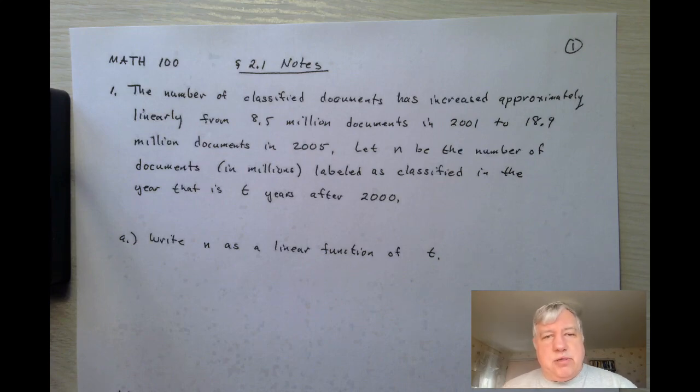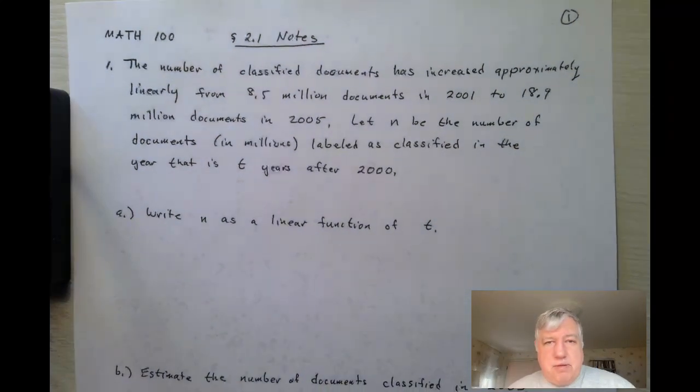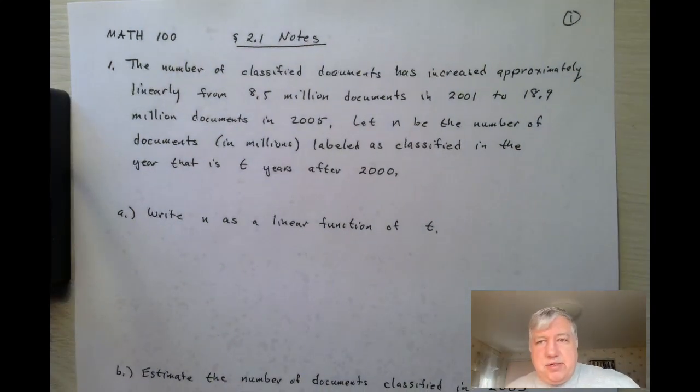And this is an attempt to take the number of classified documents that the government classifies each year as a function of time. Particularly, it says the number of classified documents has increased approximately linearly from 8.5 million documents in 2001 to 18.9 million documents in 2005.